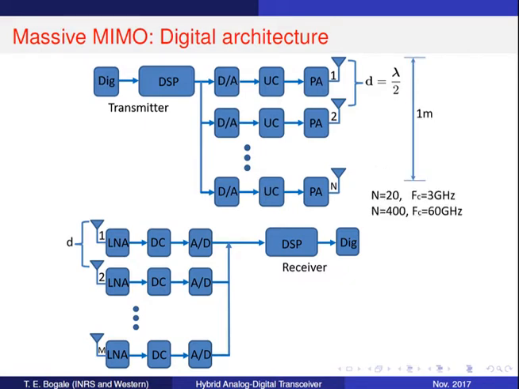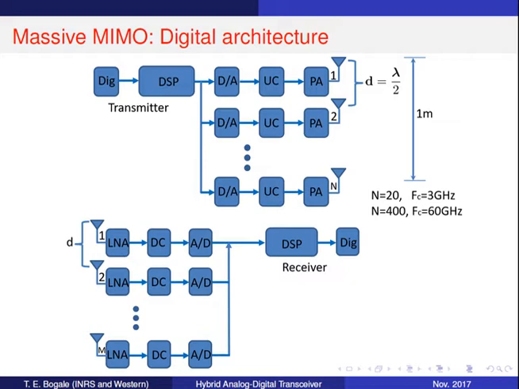For instance, if we have a 1 meter antenna spacing, we can deploy around 20 antennas by working at 3 GHz carrier frequency, but this number will reach 400 if we operate at 60 GHz carrier frequency.